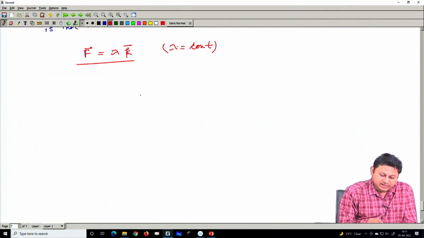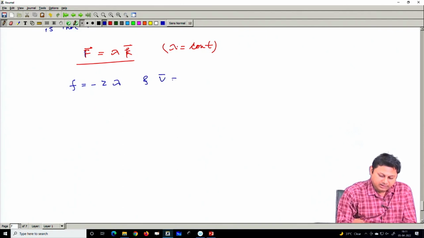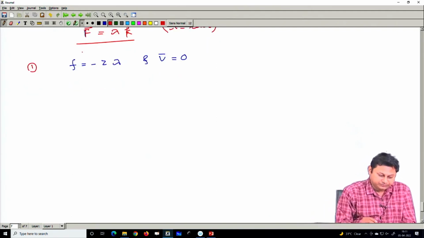I can construct my f in this way: f equal to minus z lambda and v as 0. This is my choice 1. With this, can I get my function? Let us do it. If I want to find the gradient of this quantity, what do we get? It should be simply minus lambda k.